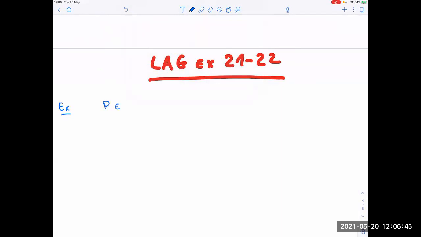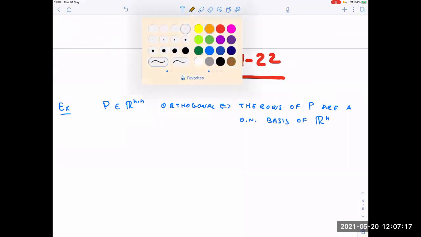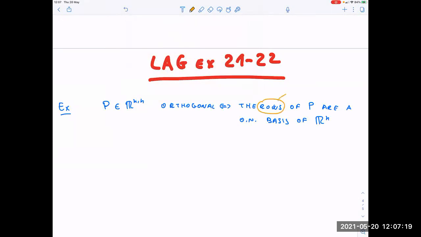Say P is a matrix with real entries, n times n. P is orthogonal if and only if the rows of P are an orthonormal basis of R^n, and similarly it is true for the columns.